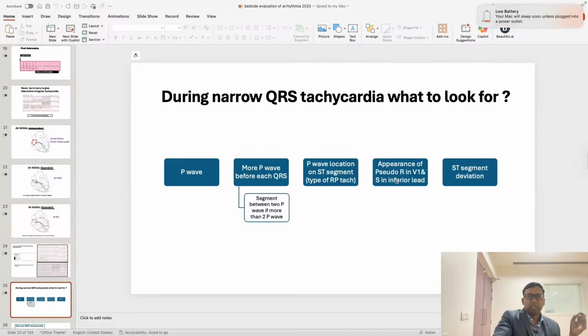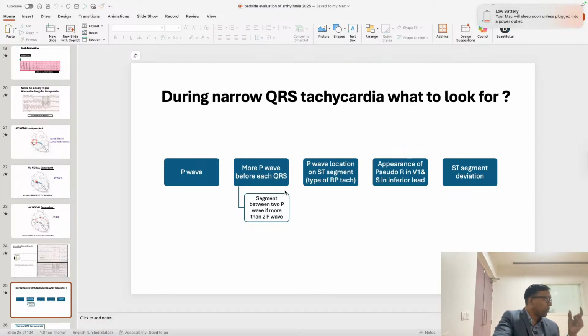And look for the appearance of a pseudo R wave in V1 or pseudo S wave in the inferior leads. Here we are seeing the P waves. With more P waves versus QRS, you have flutter versus atrial tachycardia.